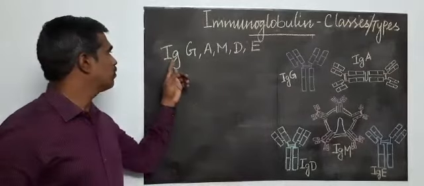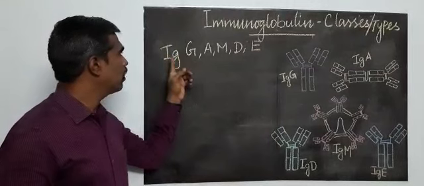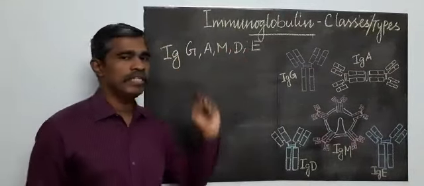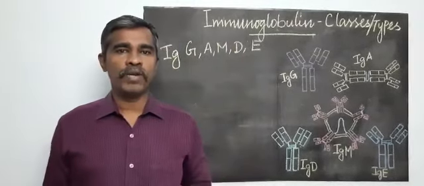I have written Ig for immunoglobulin: Immunoglobulin G, IgA, IgM, IgD, and IgE. These are the 5 different types of immunoglobulins.